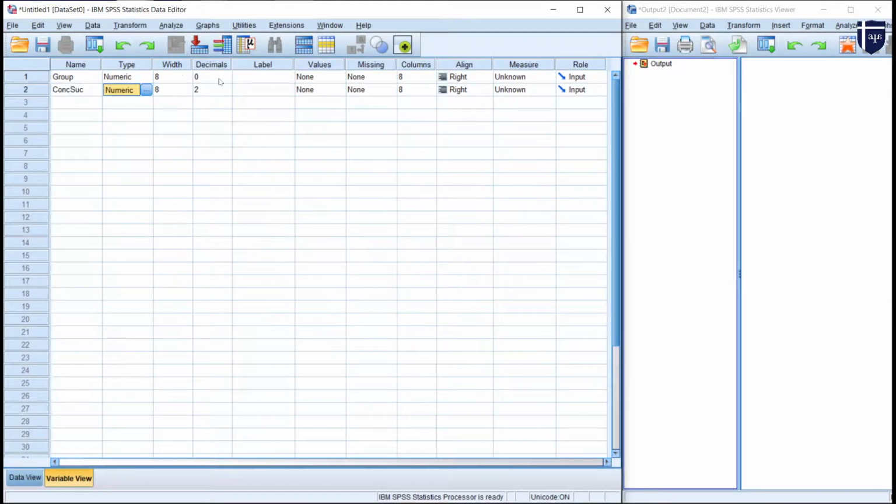So that concentration should probably have one decimal place. And I'm just going to label this instead and say square bracket, not curly, square bracket, sucrose, and square bracket, and then put it in molar. So that's good.